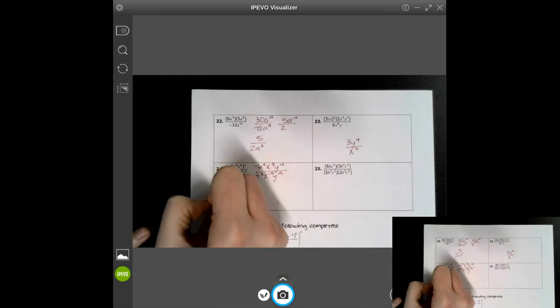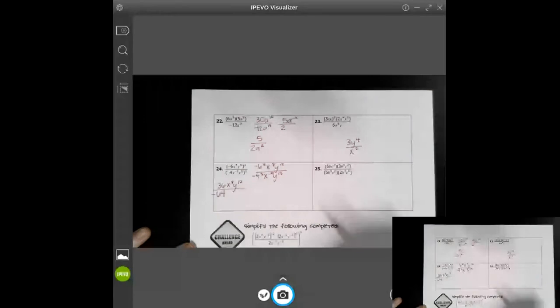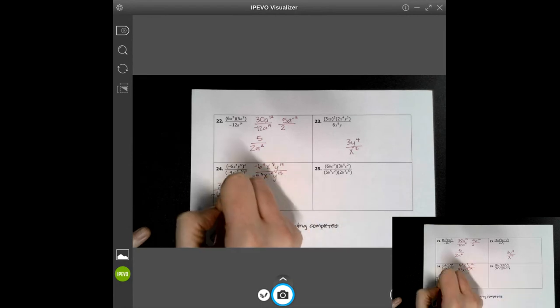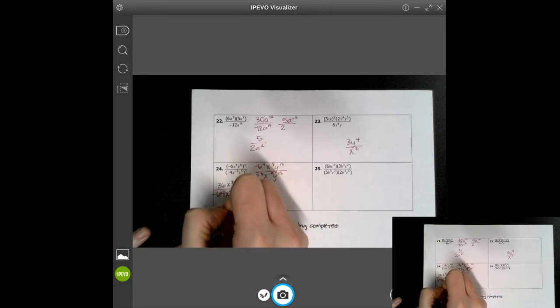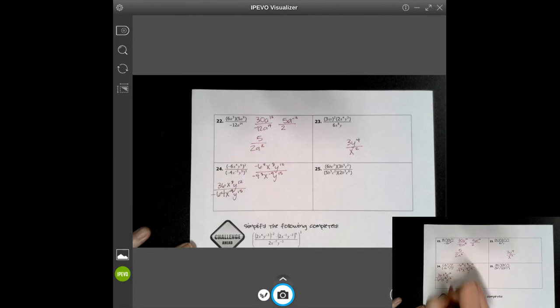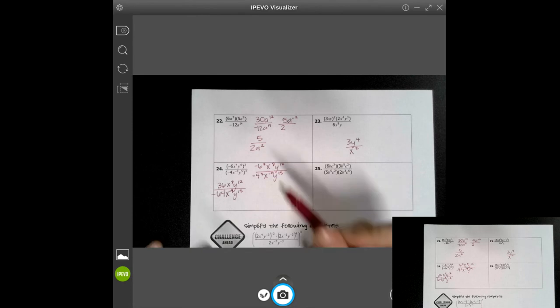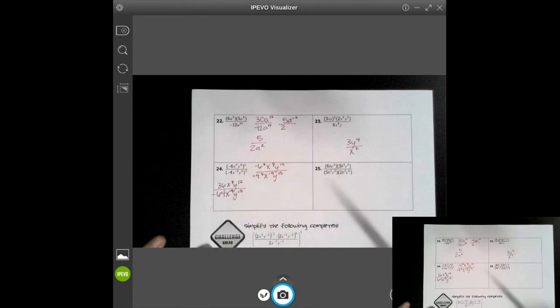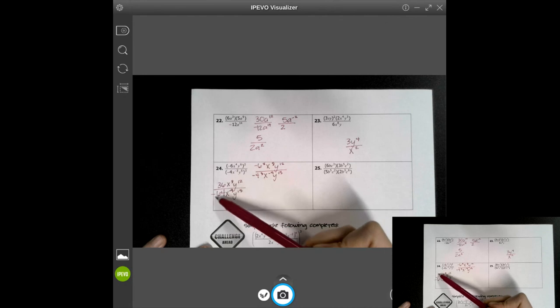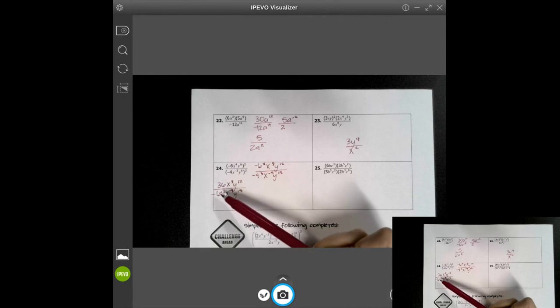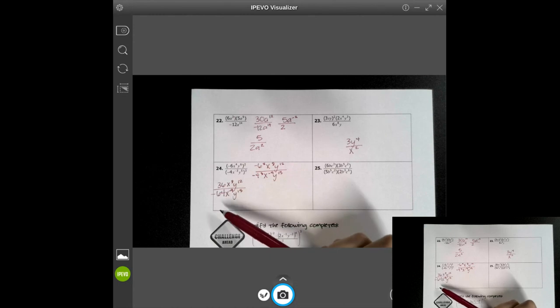So negative 64 x to the negative 9th, y to the 15th. Okay, so then from there, I'm going to move my x to the 9th to the top, and I'll simplify my fraction at the same time. There is a number that can go into both 36 and 64. Do you know what it is?